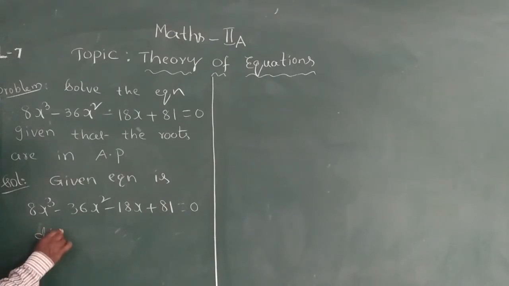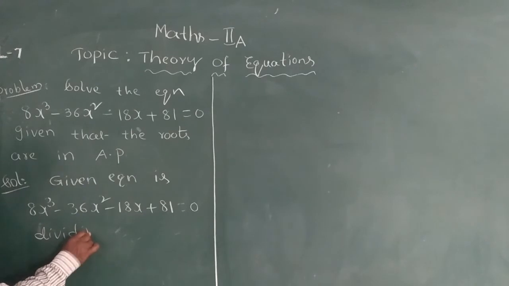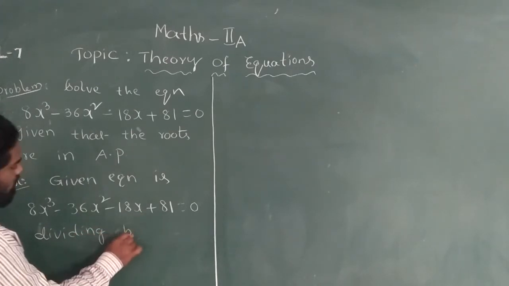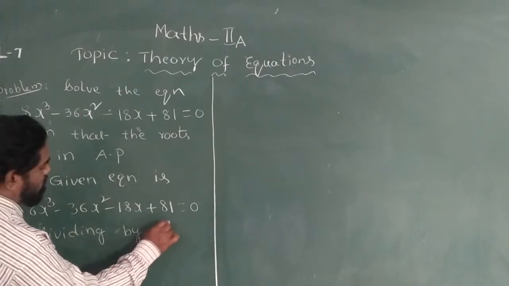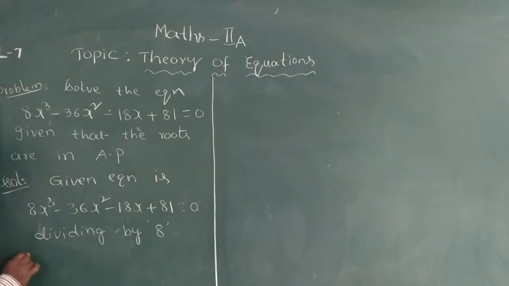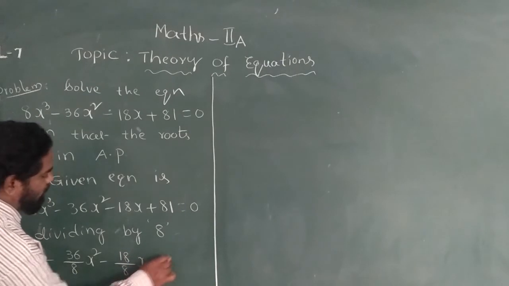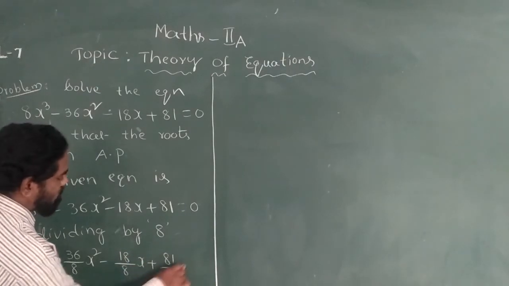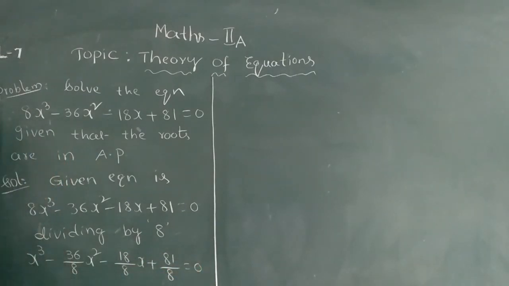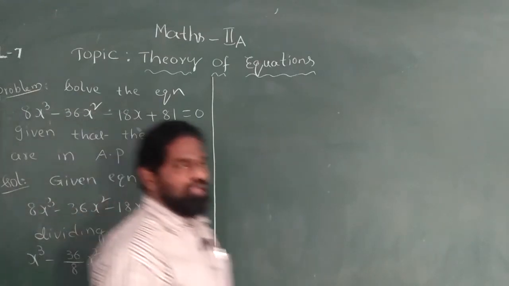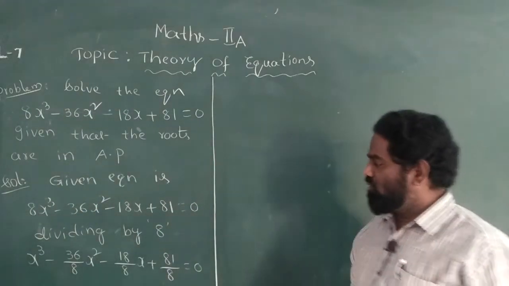Dividing by 8, x cube minus 36 by 8 x square minus 18 by 8 x plus 81 by 8 equal to 0.